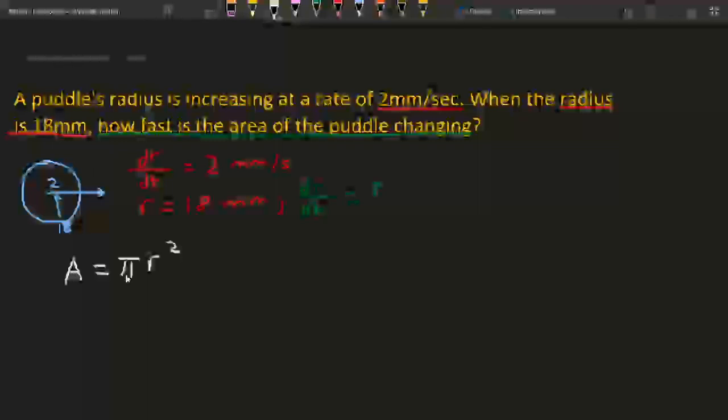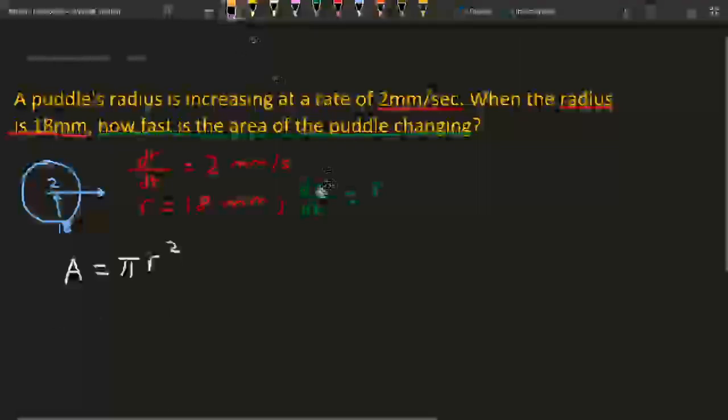So now that we have the unifying equation, we can differentiate both sides with respect to time. So in order to do that, we just take the derivative with respect to time, and that would be d/dt. And this is where this comes into play afterwards.